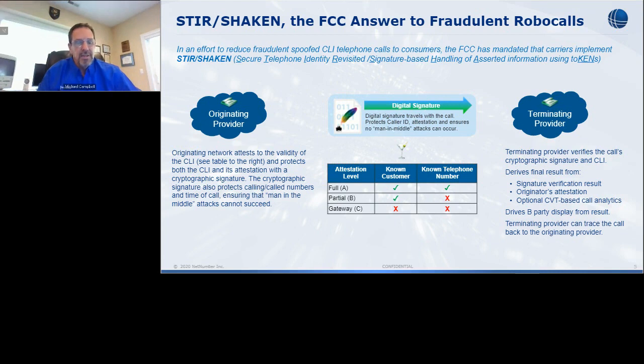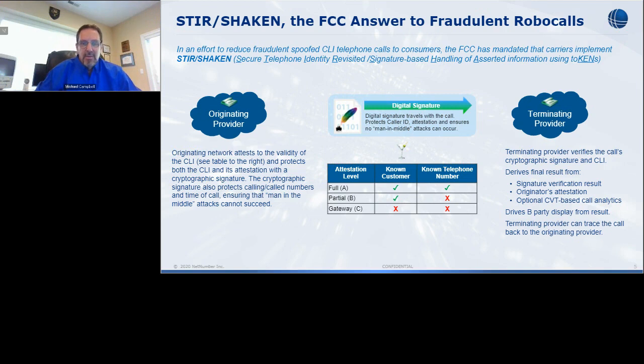Partial attestation indicates that they know the customer, but they're not sure about the right of that customer to use the number. And a gateway or a C attestation is really all bets are off. We don't know the customer. We don't know the number. Approach this call at your own caution. So that's the essence of how this works.